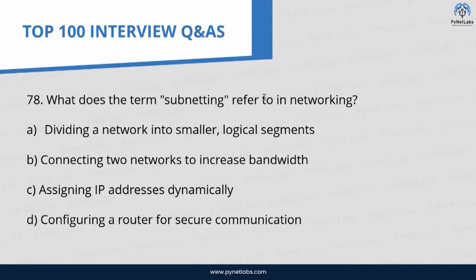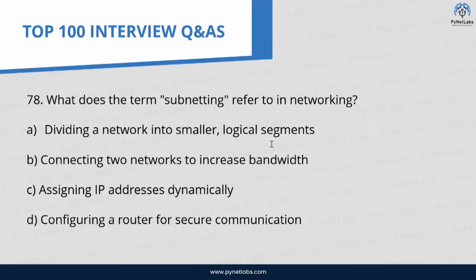So subnetting is just a kind of term, guys, which divides a network into smaller logical segments. Option A is the correct answer, because in networking practice, it is referred to as dividing the large network into smaller and more manageable segments, and this is done for improving the network performance and saving the wastage of IP addresses as well.